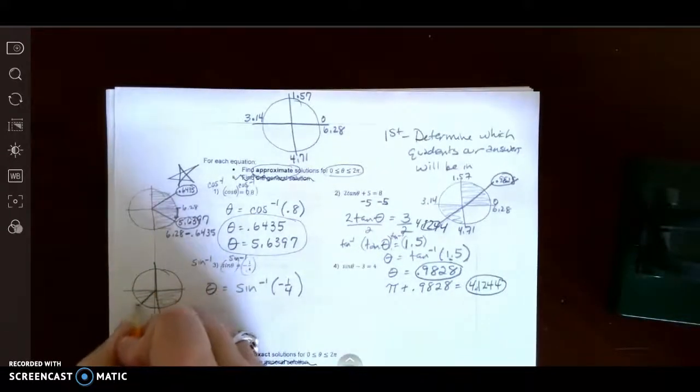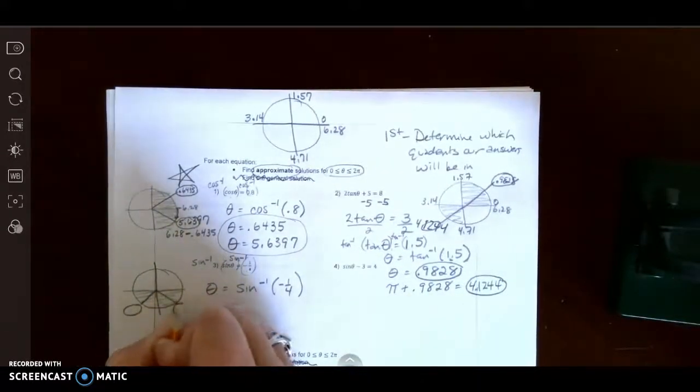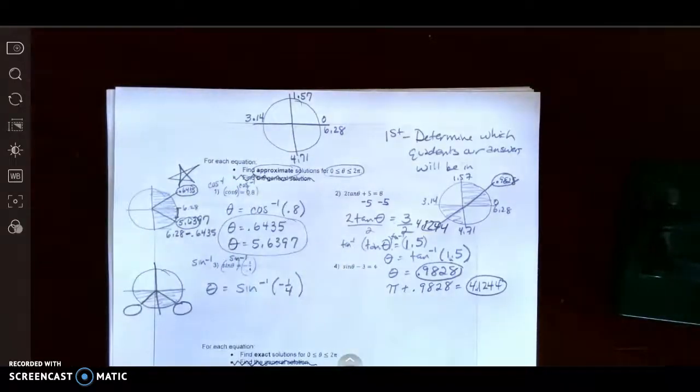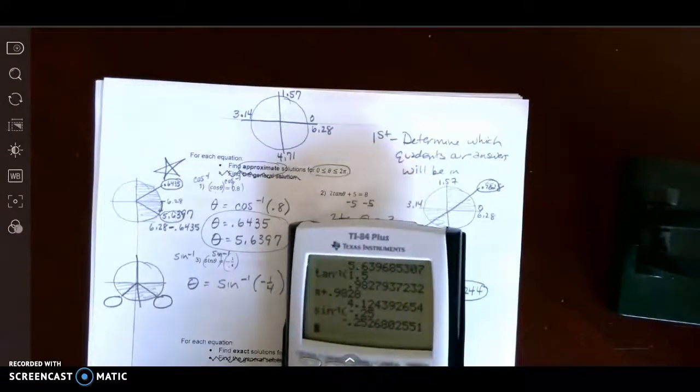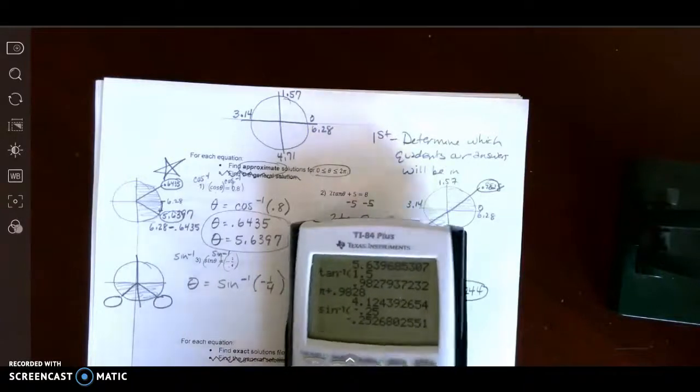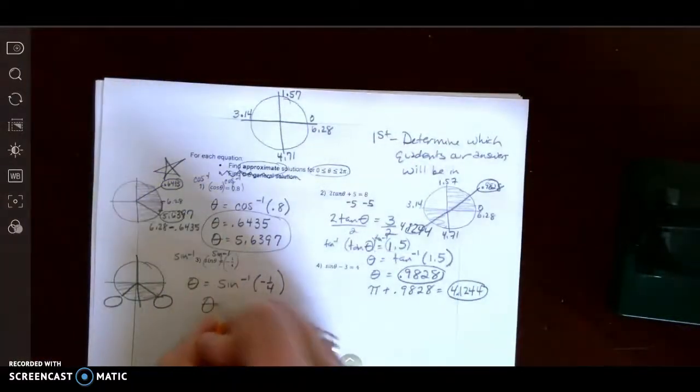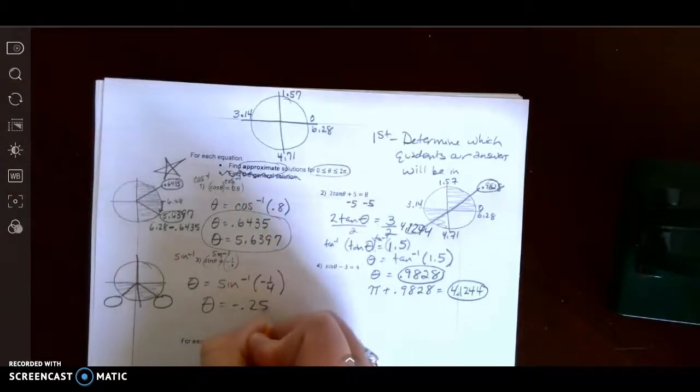So I'm going to have a third quadrant answer and a fourth quadrant answer. So go to my calculator, inverse sine of negative 0.25, that's negative 1/4, and I get negative 0.2527. Theta equals negative 0.2527.